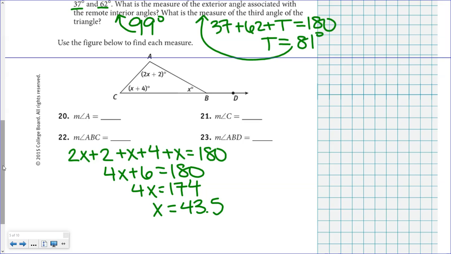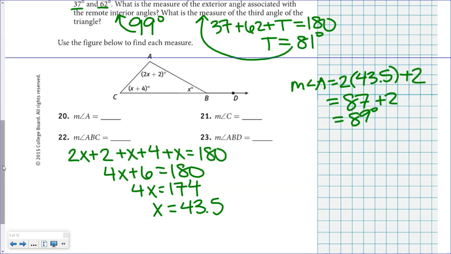So now, we know angle A is 2x plus 2. For the measure of angle A, we can plug in 43.5 into that expression, which is going to produce 87 plus 2, which is 89. So the measure of angle A is 89 degrees. Then, for the measure of angle C, we know that it is x plus 4.